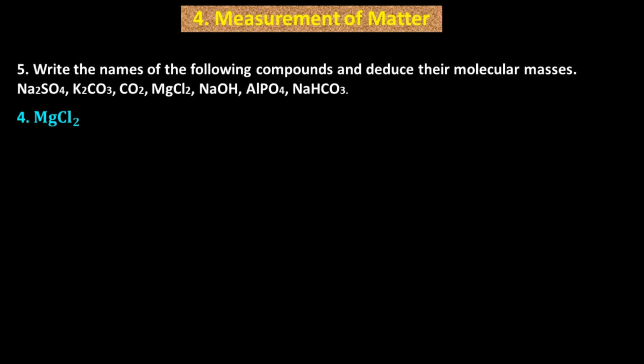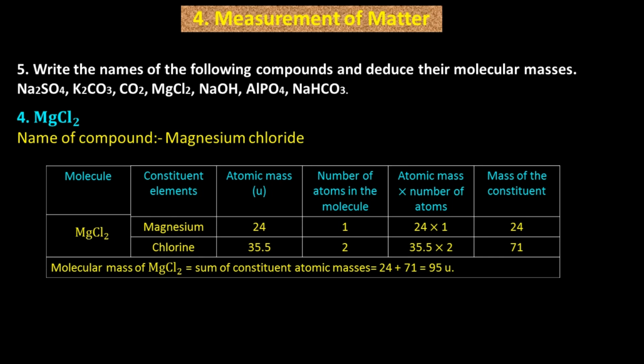MgCl2. Name of the compound magnesium chloride. MgCl2. Magnesium, atomic mass 24. Number of atoms in it 1. Therefore, 24 multiplied by 1 is equal to 24. Chlorine, atomic mass 35.5.